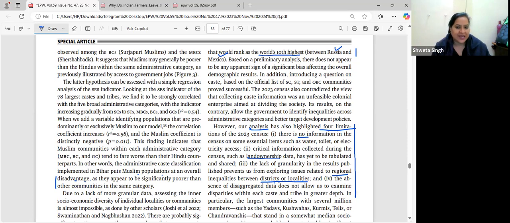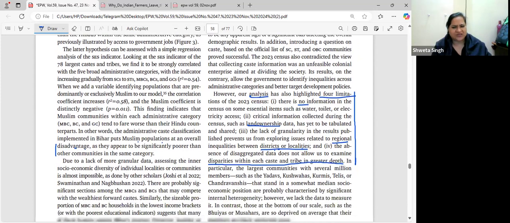And last but not the least, the absence of disaggregated data does not allow us to examine disparities within each caste and tribe in greater depth. When you don't have exhaustive, detailed micro level data, that also creates trouble to understand how within the same caste there can be more marginalized factions, or within a tribe, more marginalized factions.